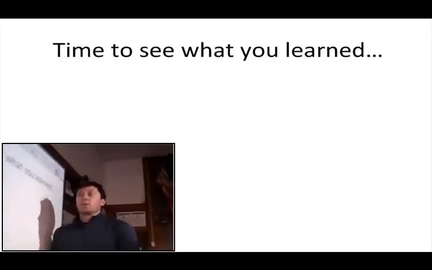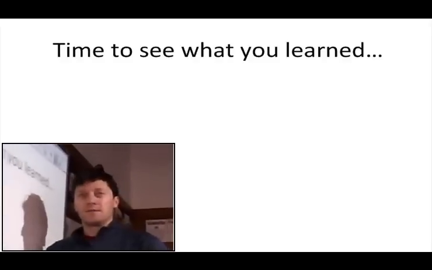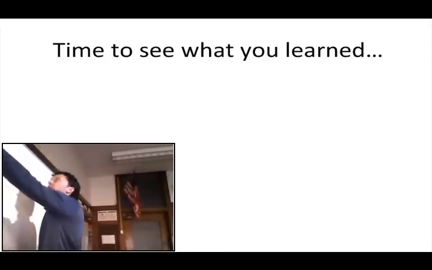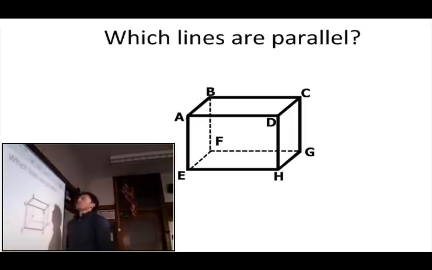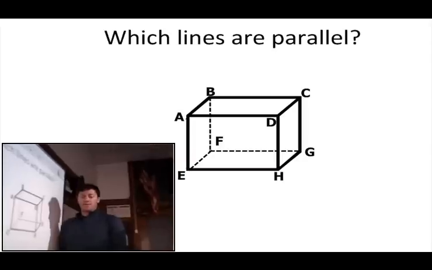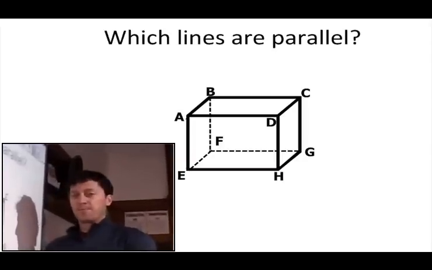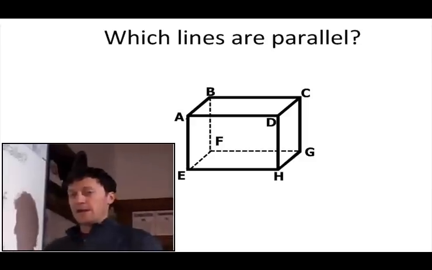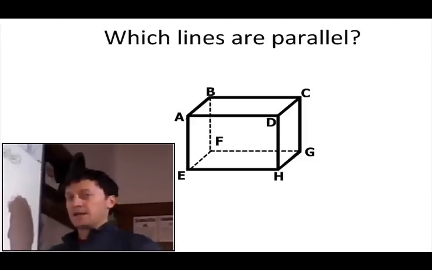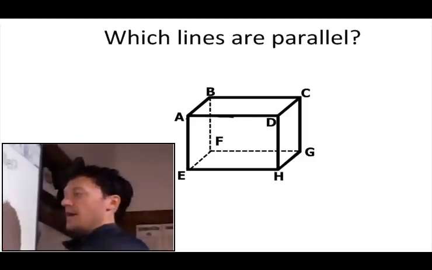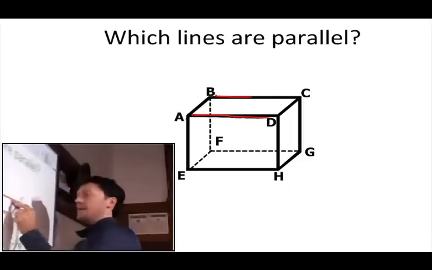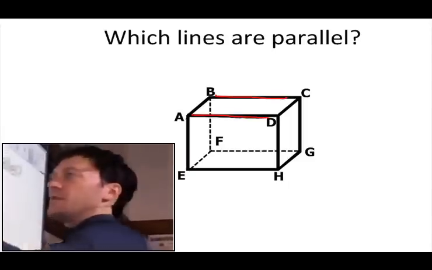Now, quick review. So you can pause this if you want to take another extra second to answer. First question, which lines are parallel? I've drawn in a box here. And hopefully you're thinking right now something like, okay, here comes the answers. AD and BC, those are parallel lines.